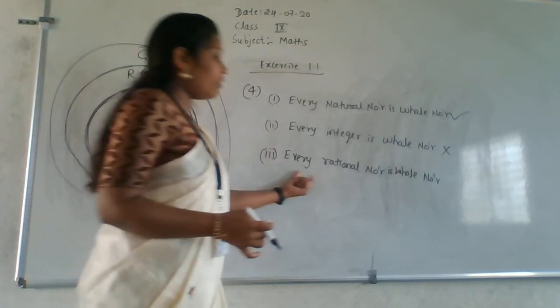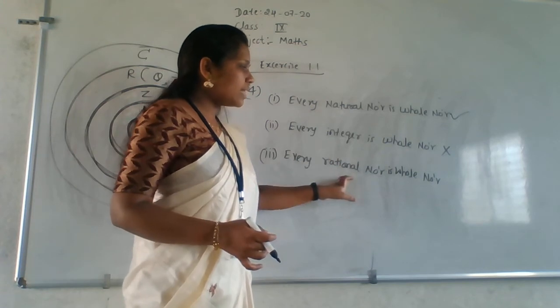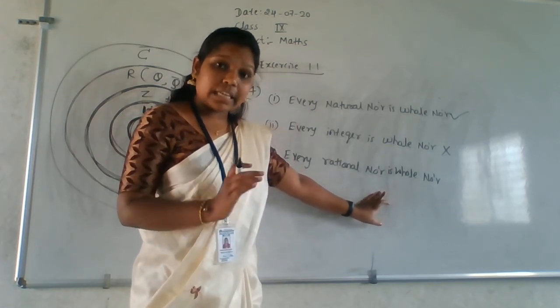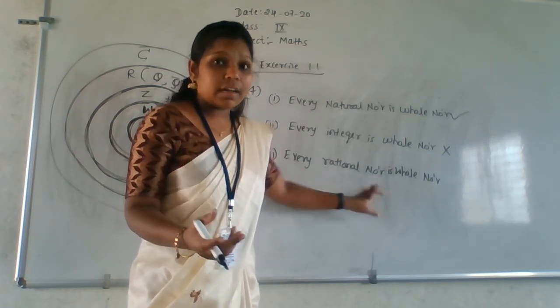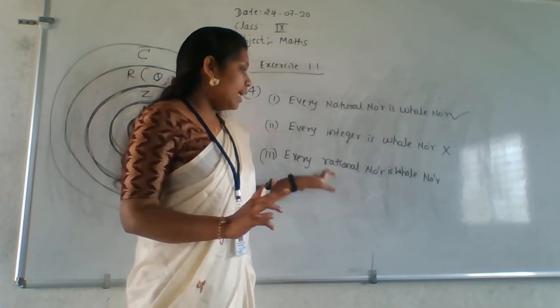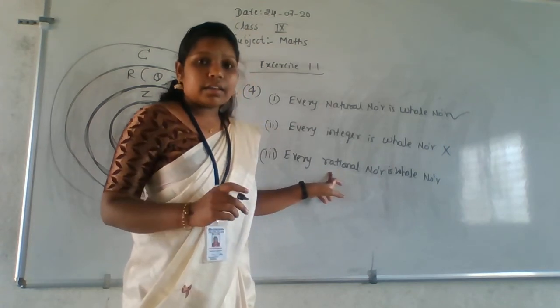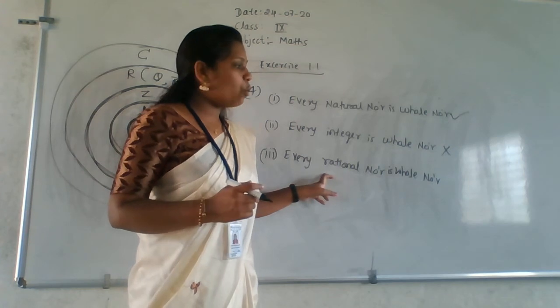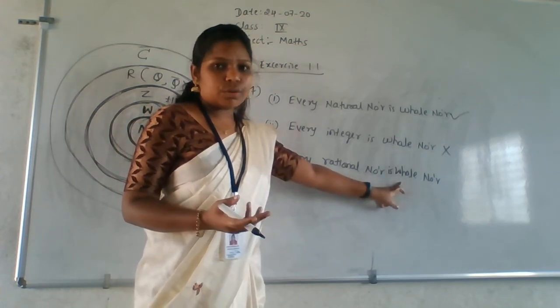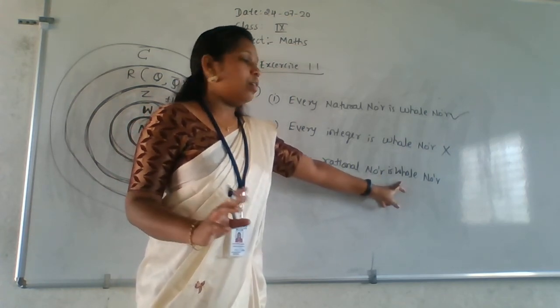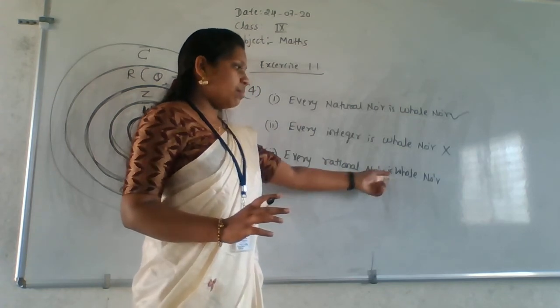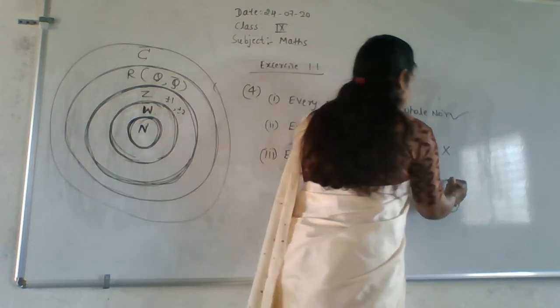But they told every rational number. Some of the rational numbers are whole numbers, but not every one. For example 2 by 3: is 2 by 3 a whole number? No, 2 by 3 is not a whole number. So here, every rational number is a whole number is a wrong sentence.